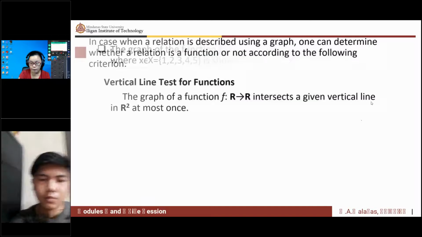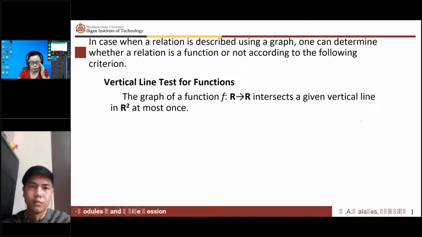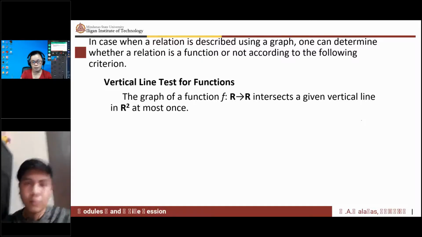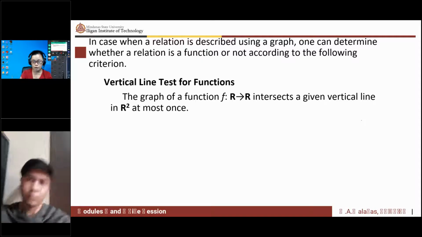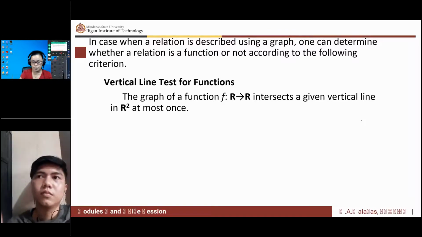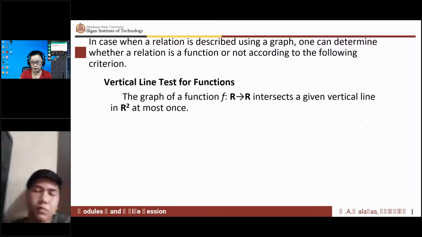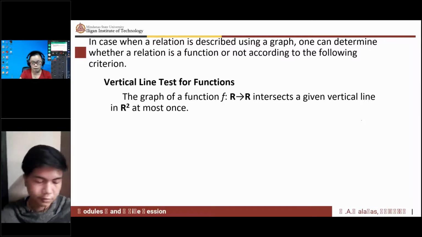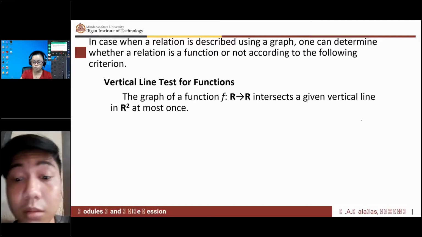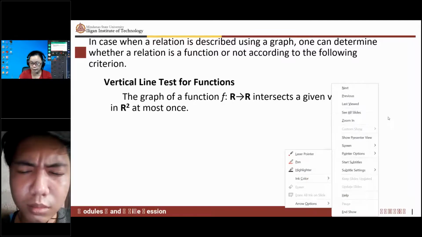Then we can also use the vertical line test for functions. So if you're given a relation or a function graphically, in other words, the sketch of the graph is given, you can check whether it is a function or not using a vertical line test. You only have to draw a vertical line.